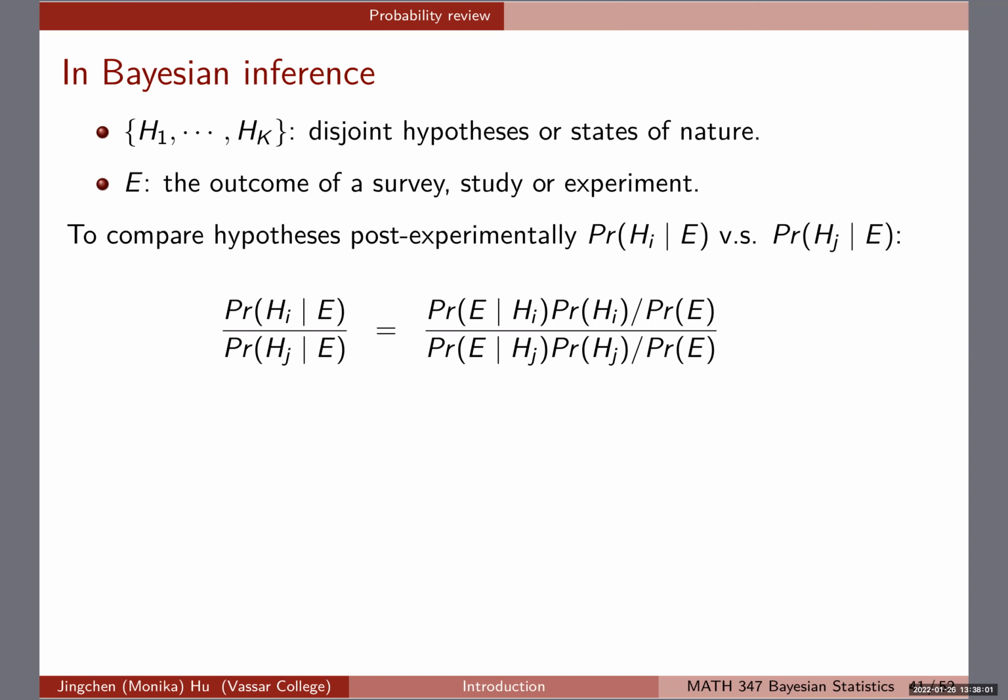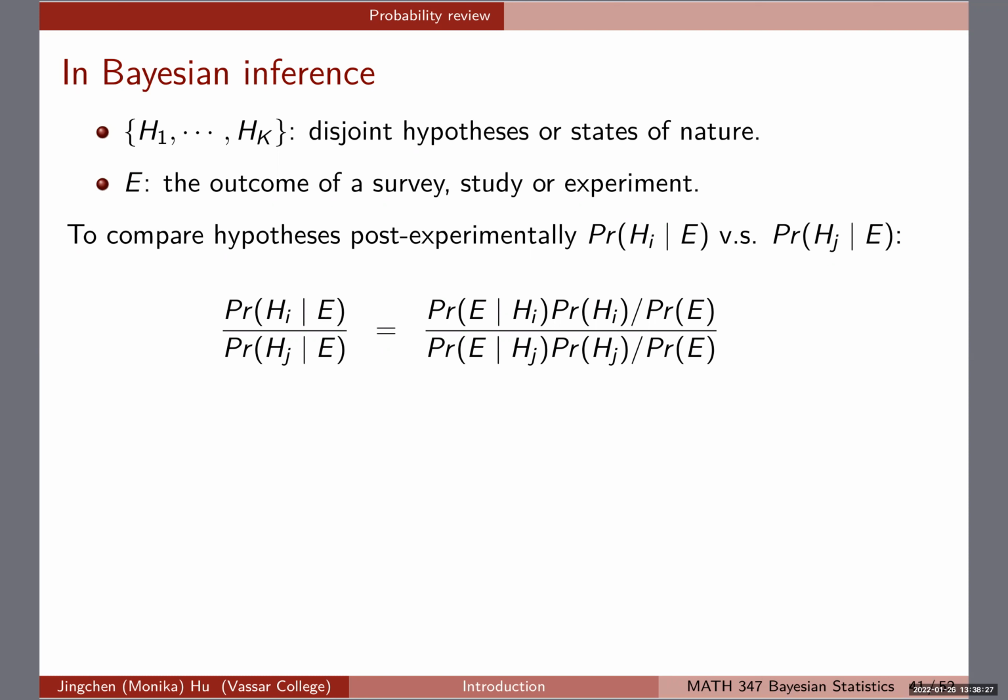Bayesian inference can go beyond just that. For example, in cancer screening, we can compare different hypotheses before and after you conduct an experiment. For Bayesian inference, before collecting the data, you have what we call a prior probability of different hypotheses. Then we collect data, and we have the posterior probability or distribution of those hypotheses.